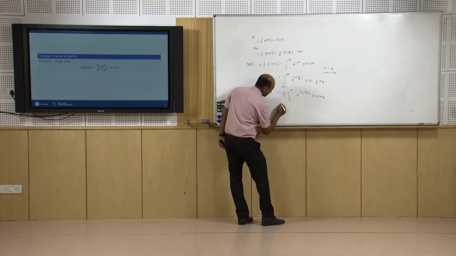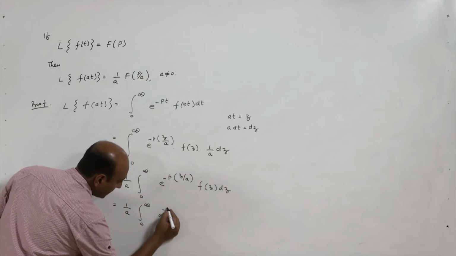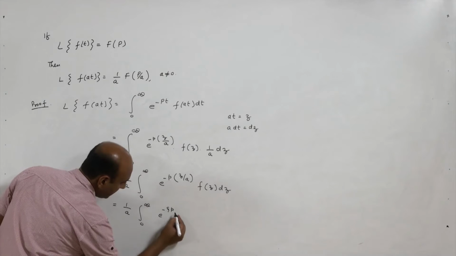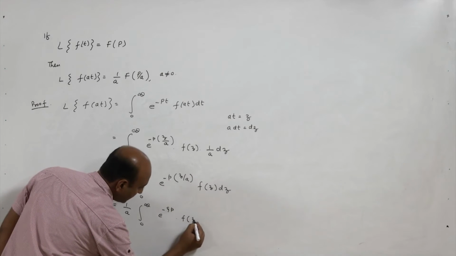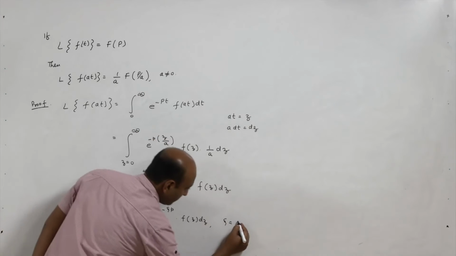Or we can write it like this: 1/a times the integral from 0 to infinity of e^(-ζ z) f(z) dz, where ζ is nothing but p/a.